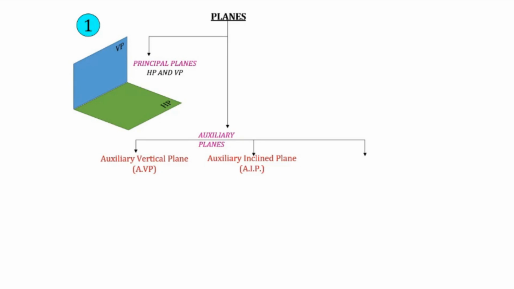So that is an auxiliary vertical plane. And then the auxiliary inclined plane. An auxiliary inclined plane is a plane which is perpendicular to the vertical plane and inclined at an angle to the horizontal plane.